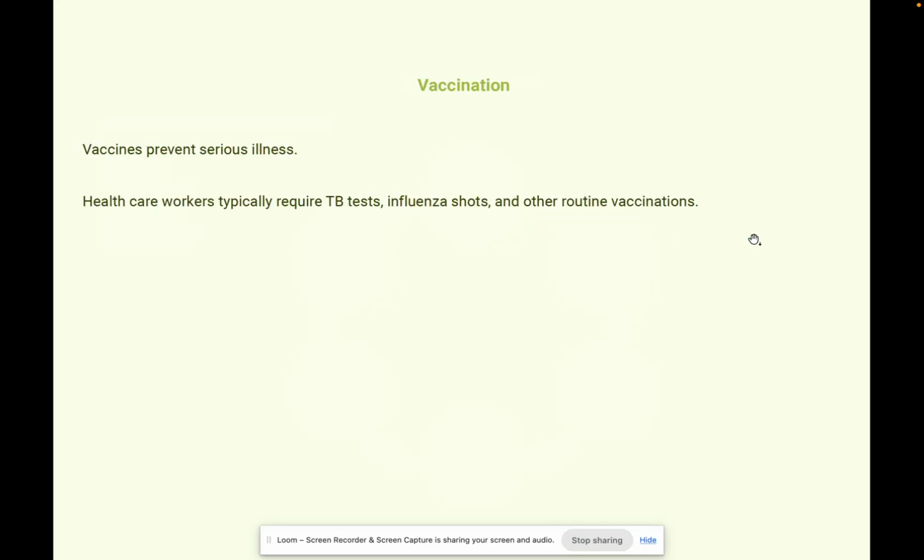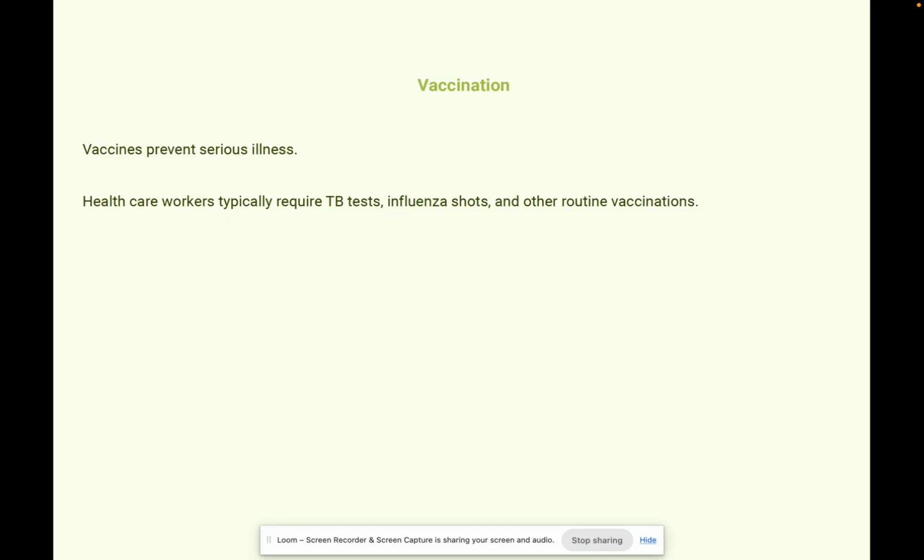All right, so when we've talked about the chain of infection, we talked about the pandemic. So we also have the vaccine, right? The vaccination actually solves the majority of our issues during the COVID pandemic, right? So vaccine prevents serious illness because it protects our immune system and also fights the pathogen, right?